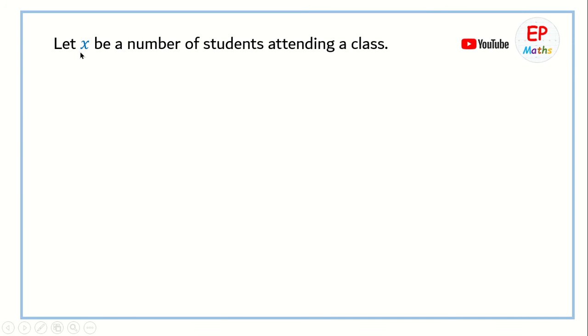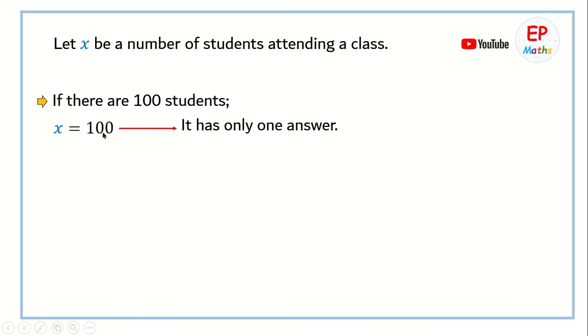Let X be a number of students attending a class. If there are 100 students, then we say that X equals 100. It means that X has only one answer. In other words, X equals 100, we call it equality.